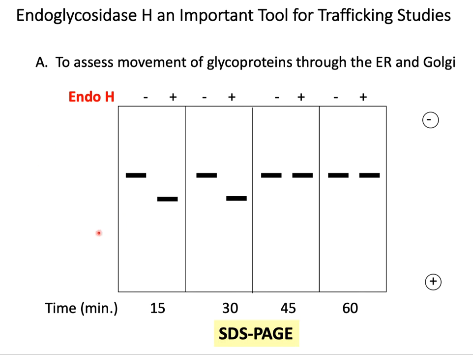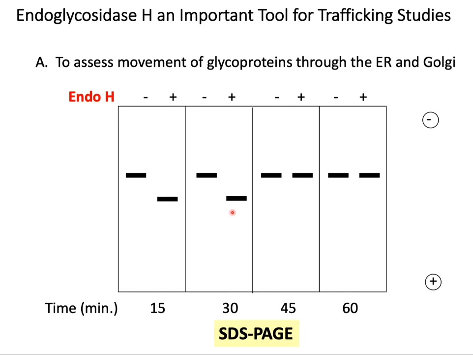So in this example, say at 15 minutes, your protein is still sensitive to endoglycosidase H. At 15 minutes, the left lane shows the size of your proteins in the absence of endoglycosidase H. On the right lane, the band has traveled farther on your gel in the presence of endoglycosidase H. It is smaller, so it suggests that endoglycosidase H was able to remove the glycan structures attached to it, and it reduced its molecular weight. So it has traveled farther on the gel.